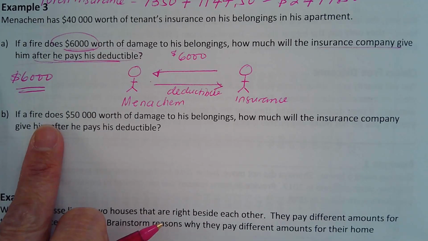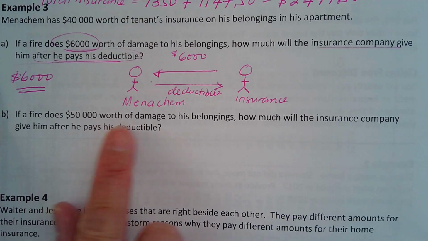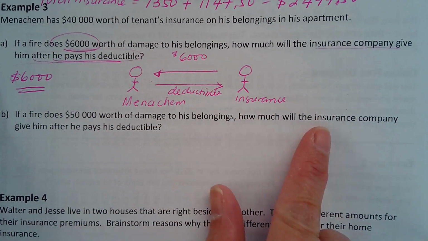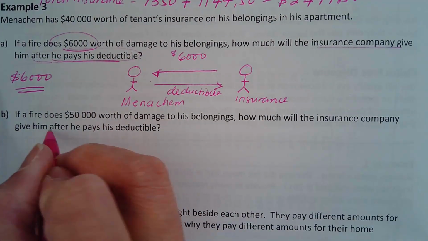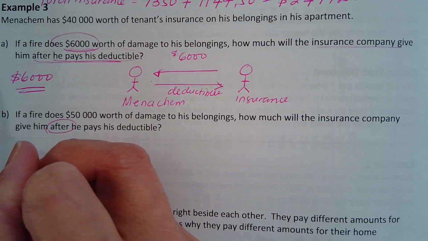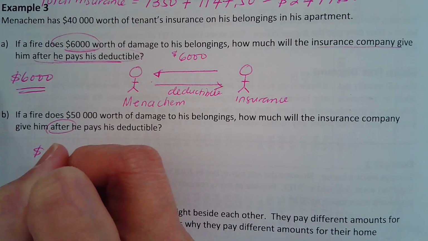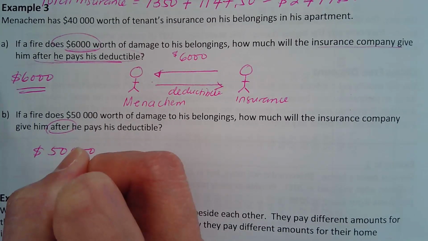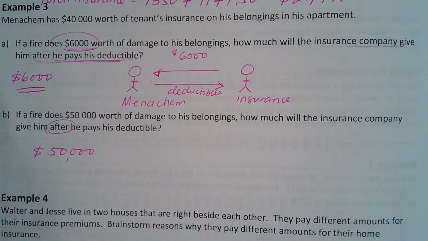If a fire does $50,000 worth of damage to his belongings, how much will the insurance company give him after he pays his deductible? The same thing happens. $50,000.